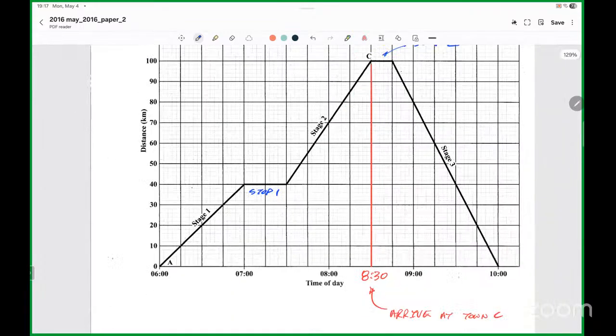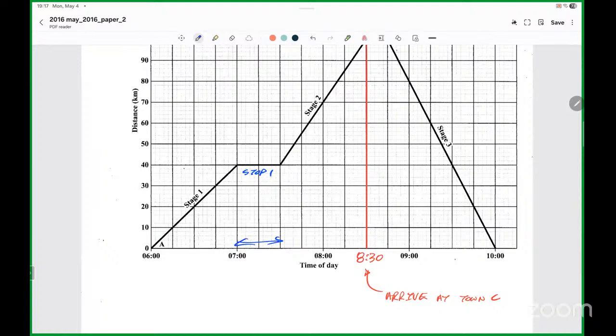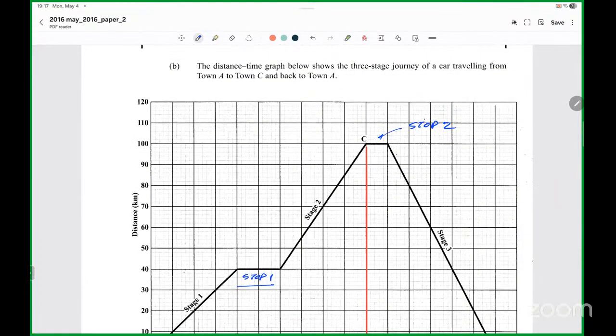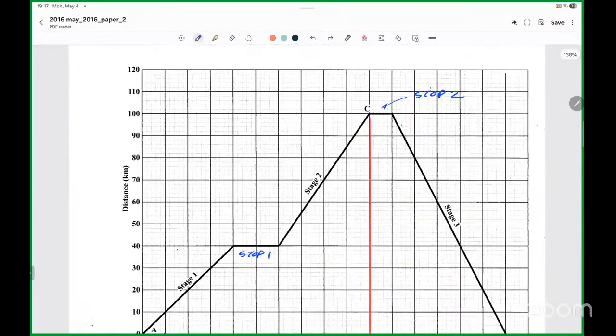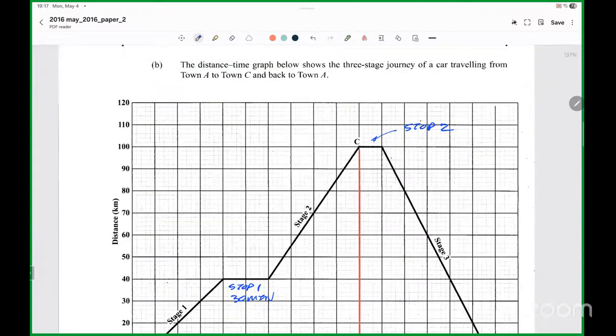So stop 1, how long is that? That's 30 minutes. Based on this, 1, 2, 3, 4, 4 intervals, so each interval is 15 minutes. Can you see that? So this was 30 minutes and that's 15 minutes. Stop 1 was 30 minutes. Stop 2 is 15 minutes.